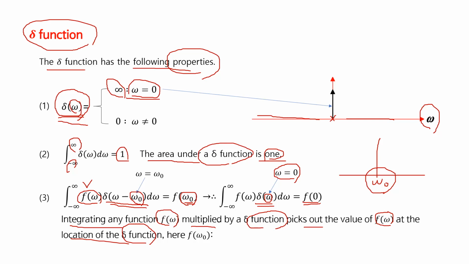The delta function is located at omega 0, so the function f at omega 0 is the result of this integral.